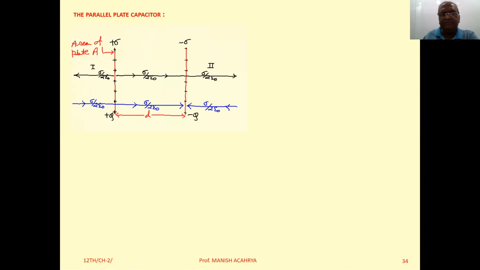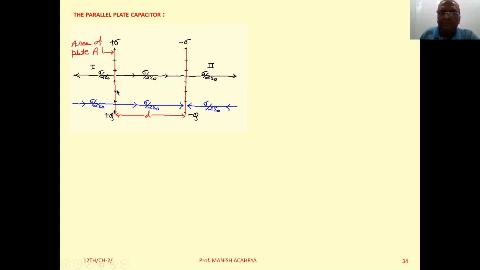Now see, here we take two plates and suppose these plates are separated by distance d and the area of the plates is A. The separation between these two plates, d, is very small compared to the length of the plate.